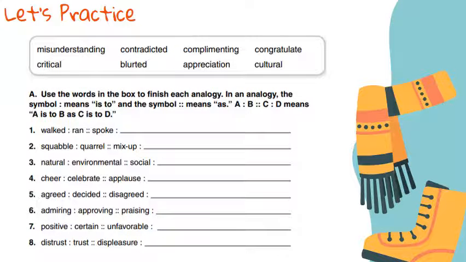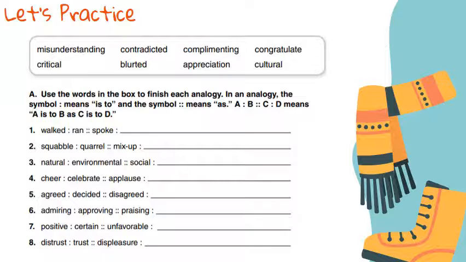Okay, since we have finished explaining the vocabulary words, let's practice. Use the words in the box to finish each analogy. In the analogy you have to see if the first two words have the same meaning or different meanings. The second part of the analogy must follow the same strategy. So for example, number one, walked, ran.